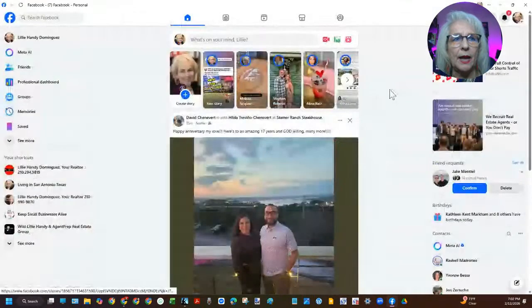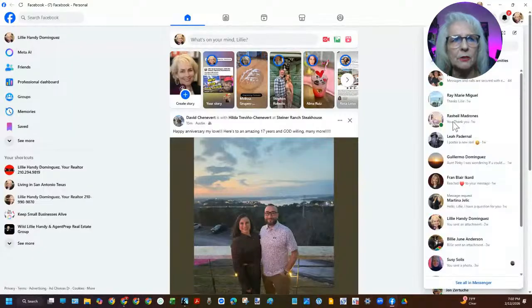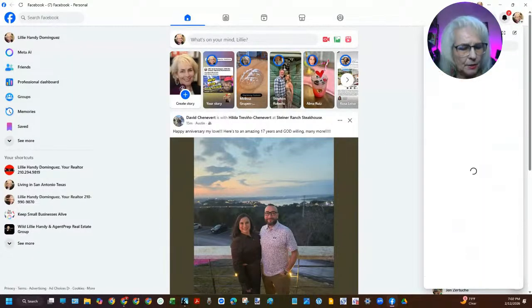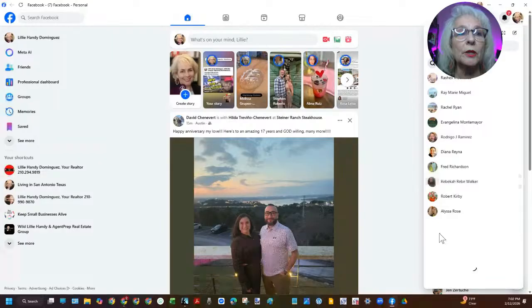Under Facebook Messenger, if I type RE exam, it's working. See on the bottom.